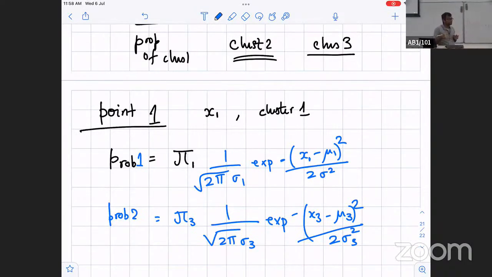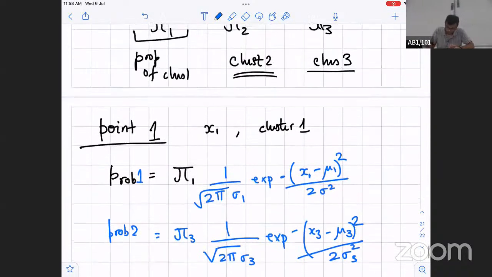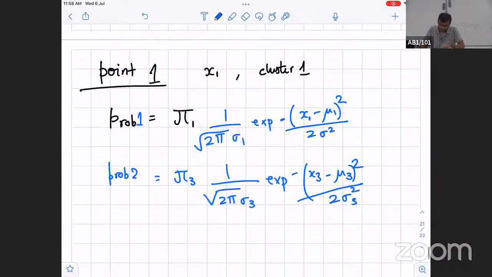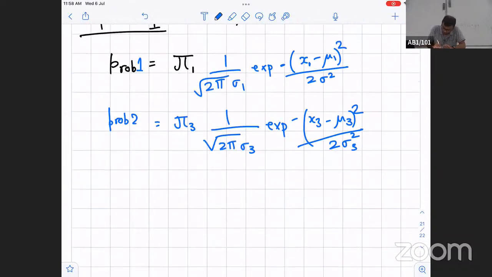Okay. Now the goal, so what should be the goal? I should choose my parameters pi, mu and sigma in such a way so as to maximize the entire probability of seeing that data. That is what you are doing in your maximum likelihood estimator, right? So you remember the coin toss example?